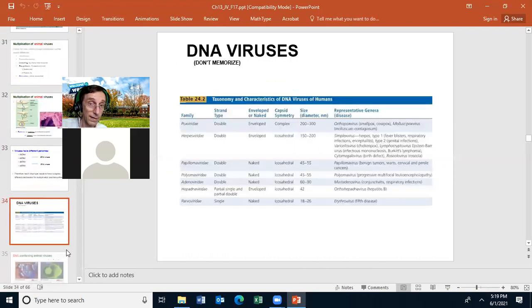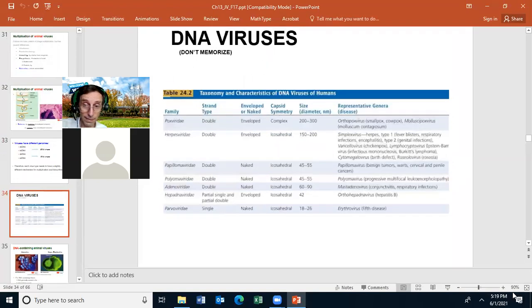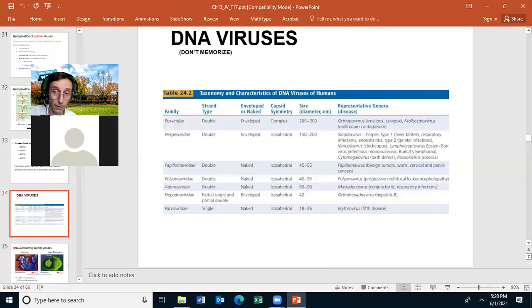All right, let's talk about the DNA viruses. These are animal viruses that have DNA as their genome. There are 7 DNA animal viruses that cause disease in humans.